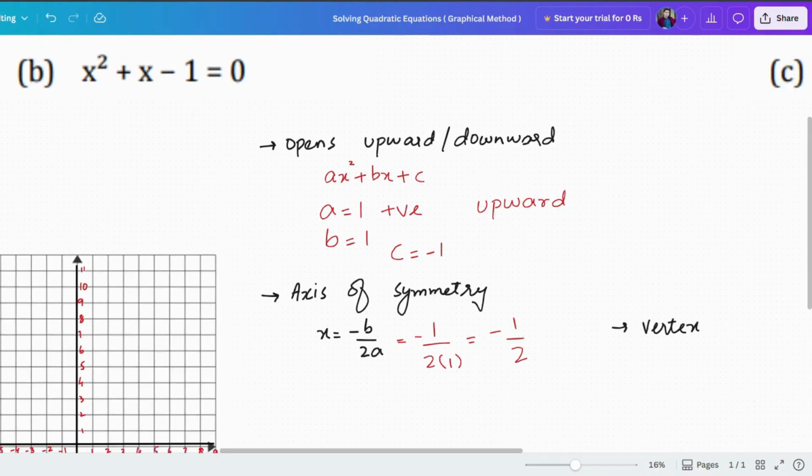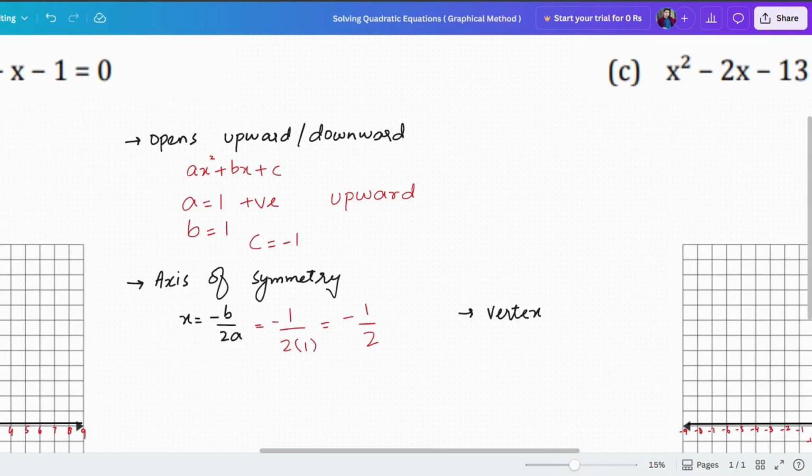Now I will be finding out the vertex. For the vertex, I will write my equation as y equals x squared plus x minus 1. Let's put the values in it. X is equivalent to minus 1 over 2, so I'll put minus 1 over 2 in it, whole square, plus 1 over 2 with the minus sign, minus 1.